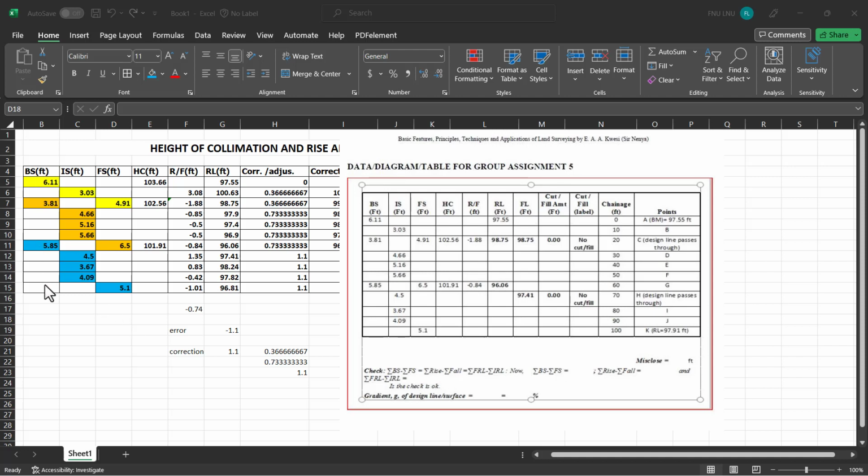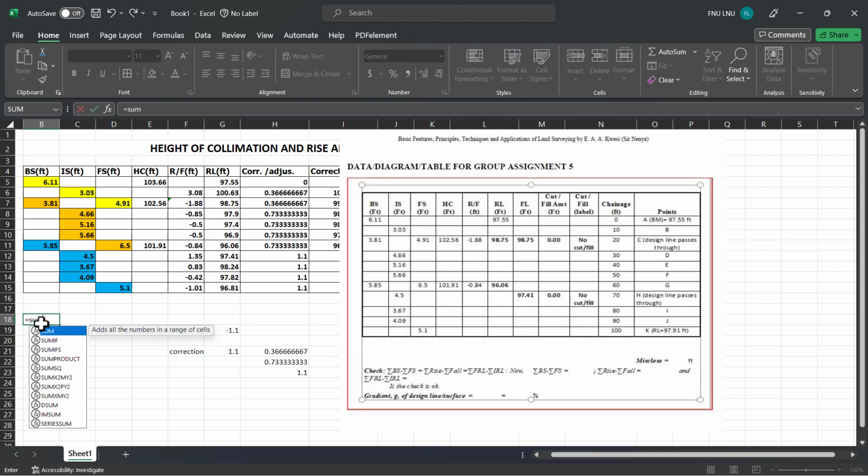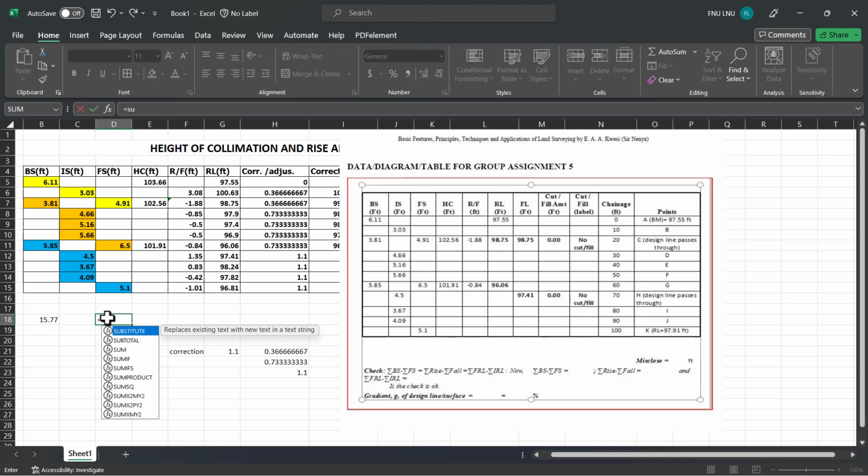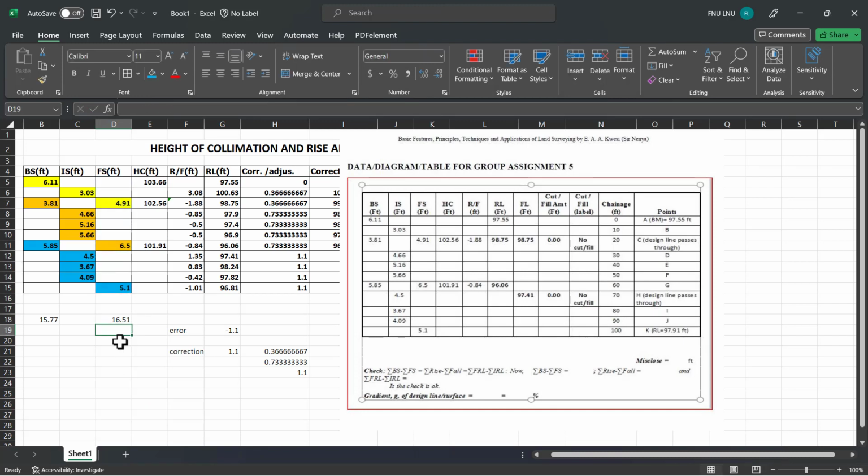So let's sum all the backsights. So here will be equal to sum. So I'll sum here. So this is the value for my backsight. Then my foresight equals to sum to here to here. Okay, now let me find the difference.